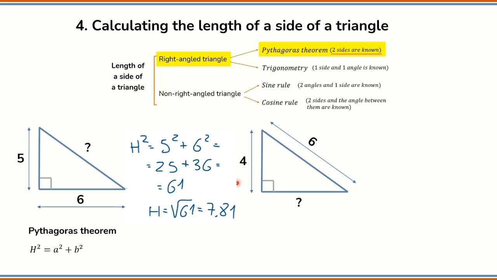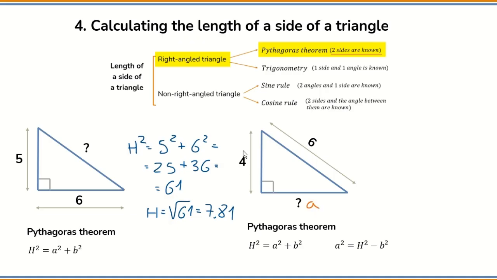In this other example, we also know two sides. We can also apply Pythagoras theorem. H, the hypotenuse, is known. So if we call this side A, we need to apply this formula. A squared equals hypotenuse squared minus B squared.